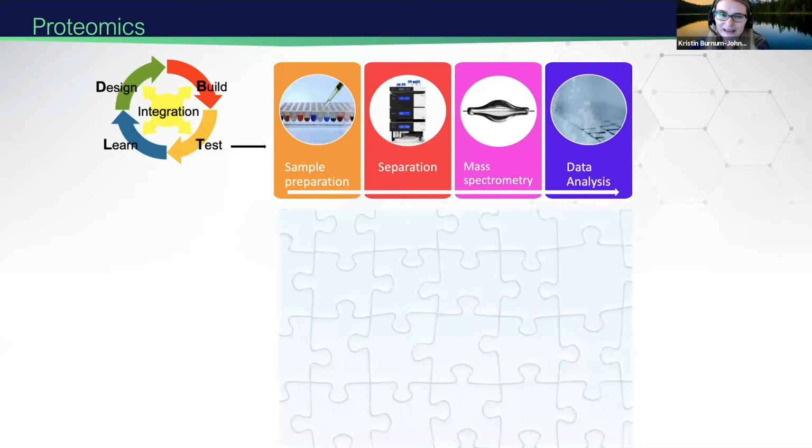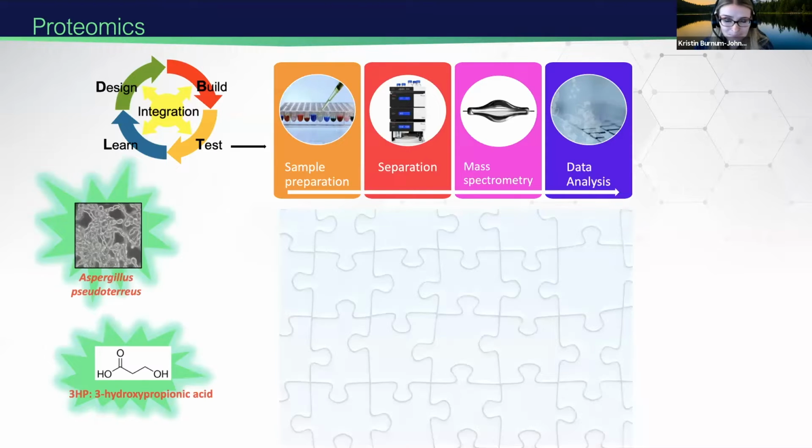So yesterday, we introduced the concept of design, build, test, and learn, or DBTL cycles for synthetic biology research, where we're optimizing the genetic engineering of microbes to make high titers of platform chemicals that can be used for industrial biotechnology.